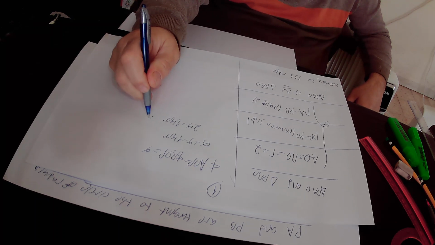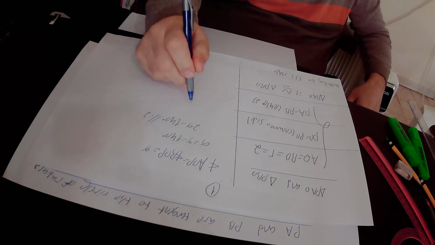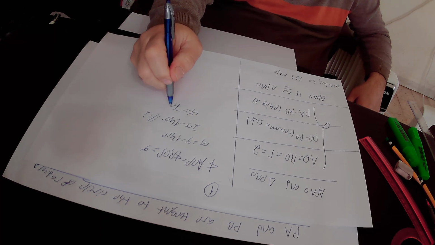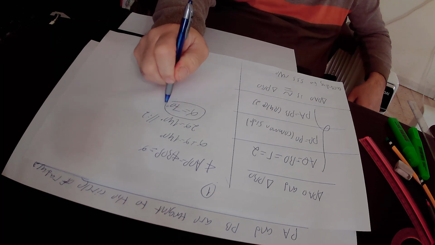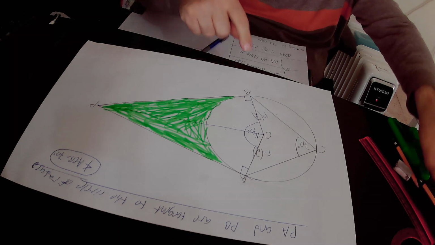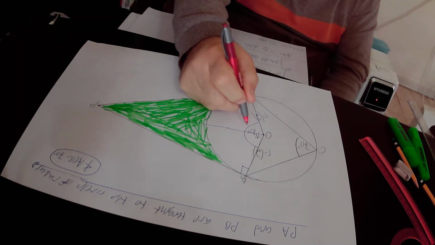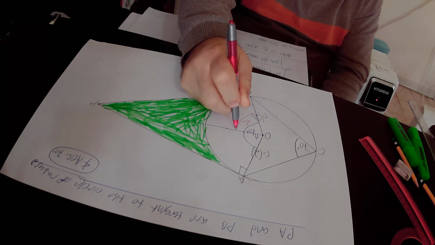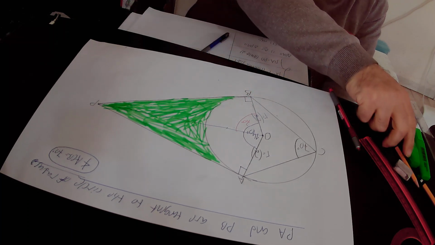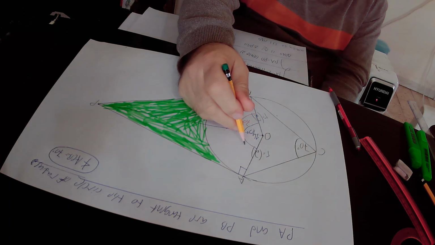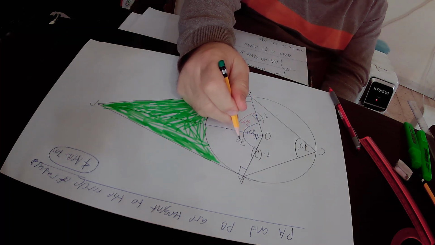Here we divide this equation by 2, and we get that angle alpha equals 140 degrees over 2, that is 70 degrees. So this angle alpha is equal to 70 degrees in its size, and this is also angle alpha equal to 70 degrees in its size.